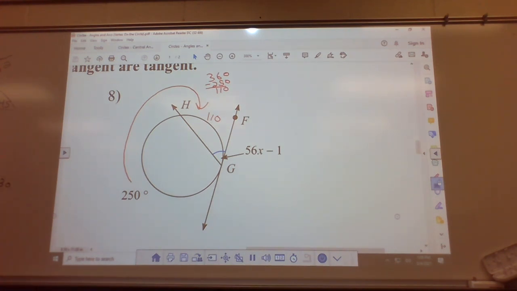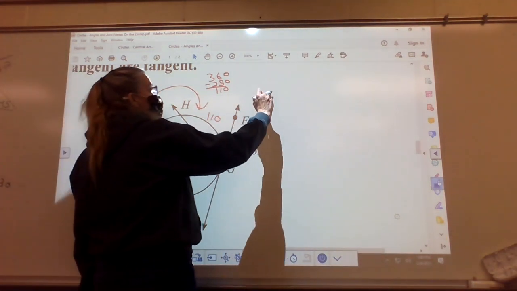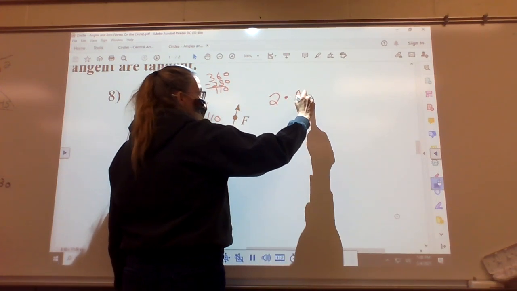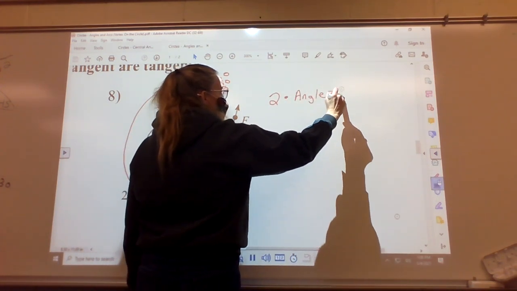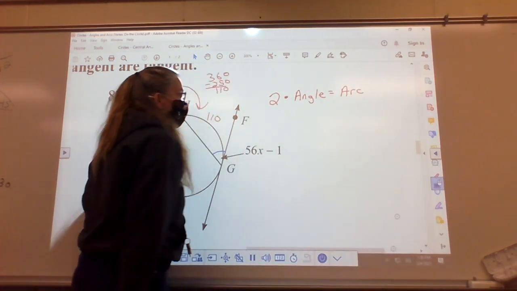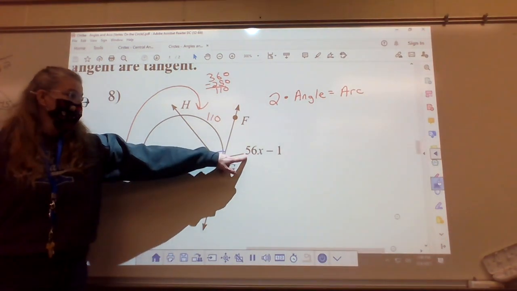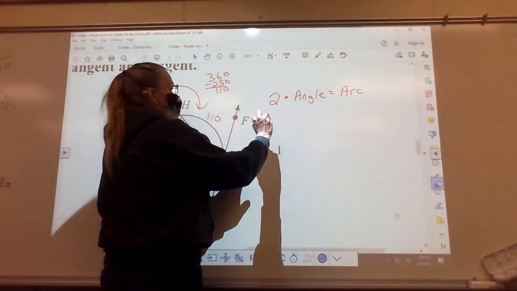Now I can do what I did just a little bit ago. Because I know 2 times the angle equals the arc. Well, what's the angle? My angle's here, 56x minus 1.